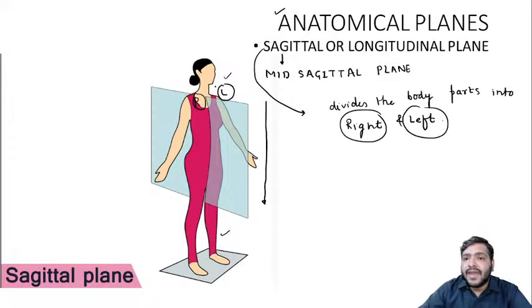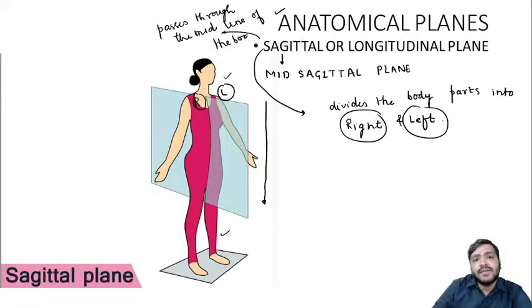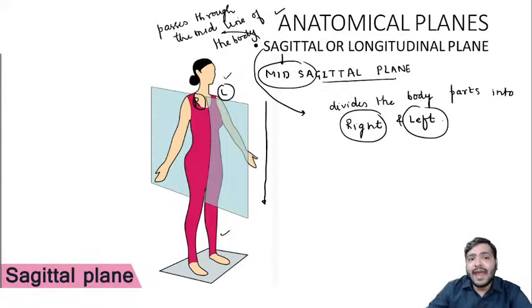It is a plane that is running from superior to inferior through the midline of the body, and that is why the name mid-sagittal plane, where the left and the right portions of the body will be equal.